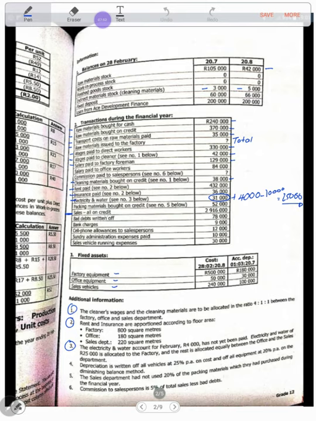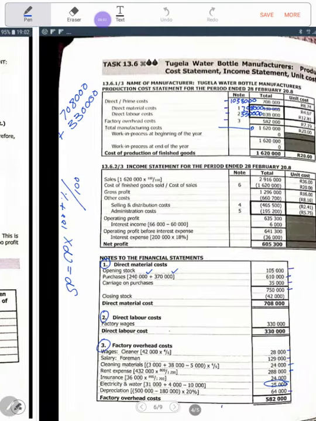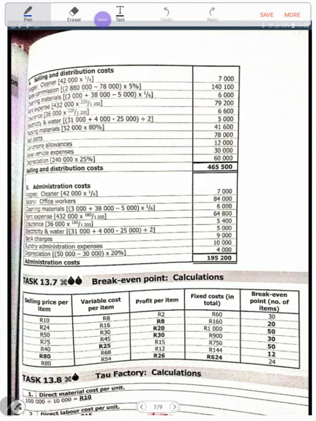They told us that all our sales is worth 2,916,000, and I'm going to subtract the bad debts over here. So do you see that there was a mistake over here? It should be 2,916,000, but in order for our production cost statement to work out, we're going to work on this mistake.